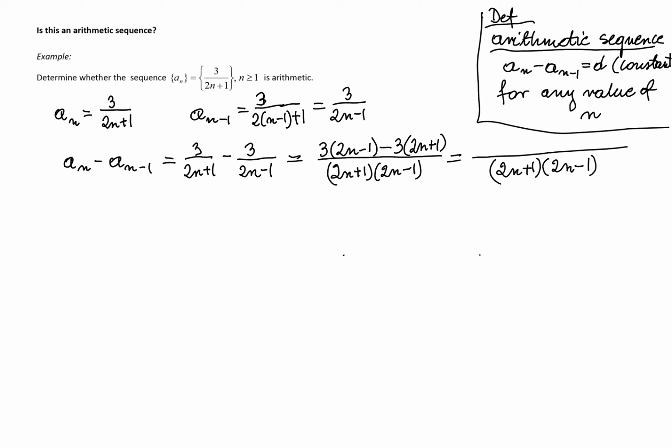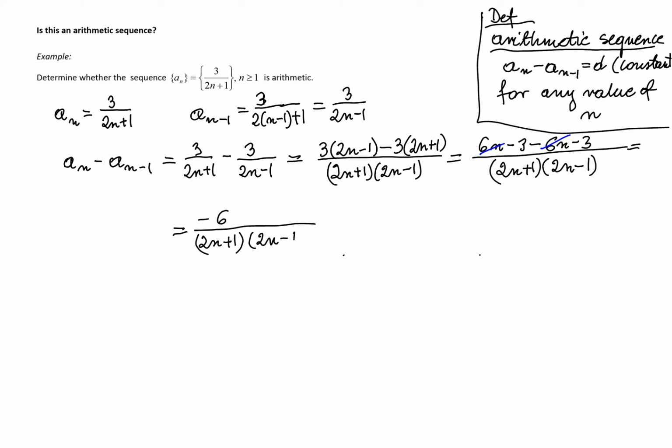The numerator, when multiplied through, will give me 6n minus 3, and then minus 6n and minus 3. 6n minus 6n is 0, so those two terms cancel out, and what we'll have is negative 6 in the numerator, and nothing will change in the denominator.